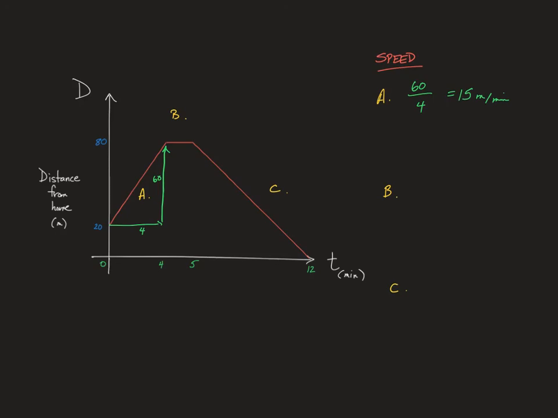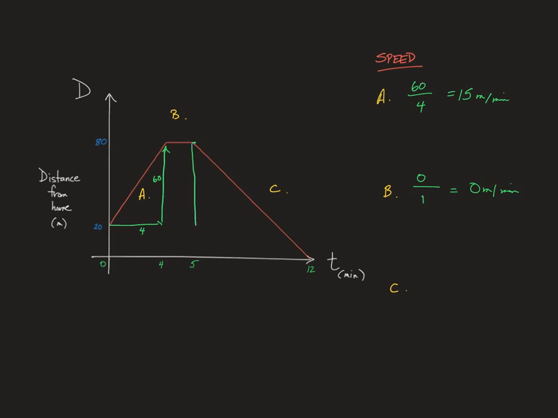If we then examine section B, I had no change in distance, so I have a 0 divided by, and we might have said that we went over for 1 second. That gives me a rate of change of 0 meters per minute. And on section C, we then began here and fell.